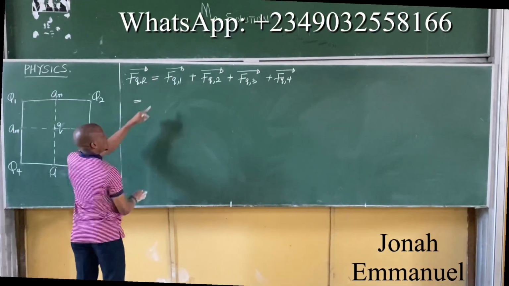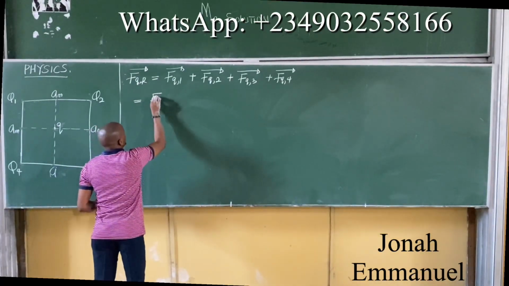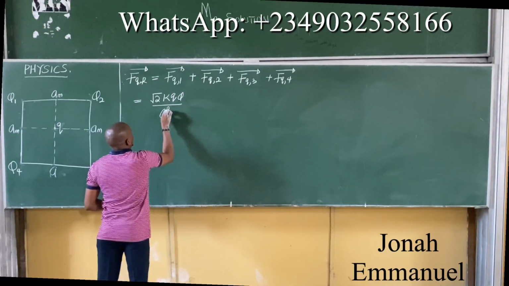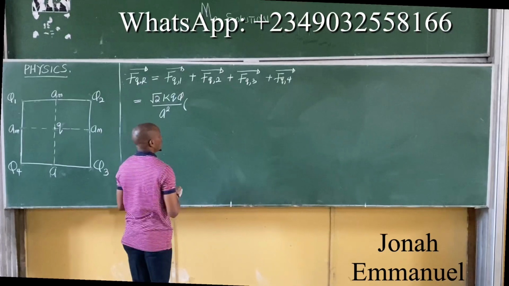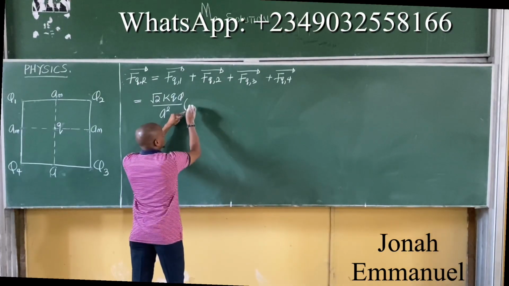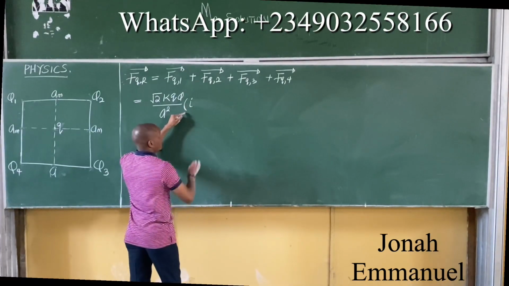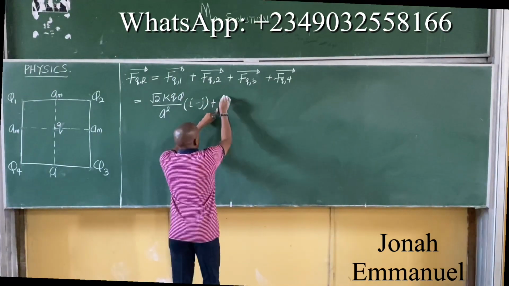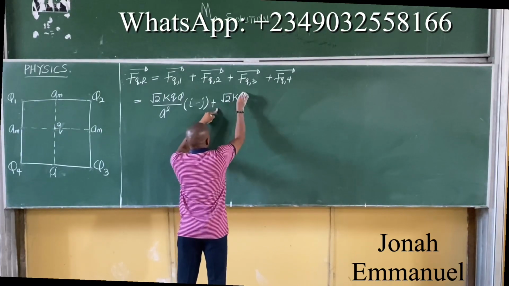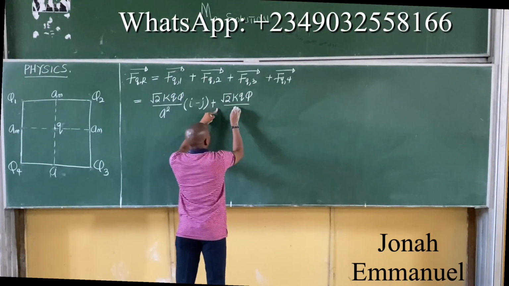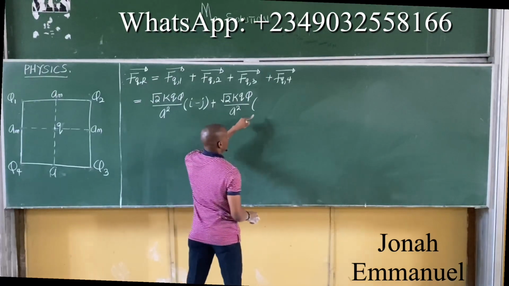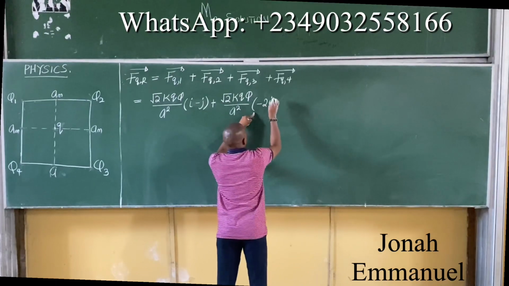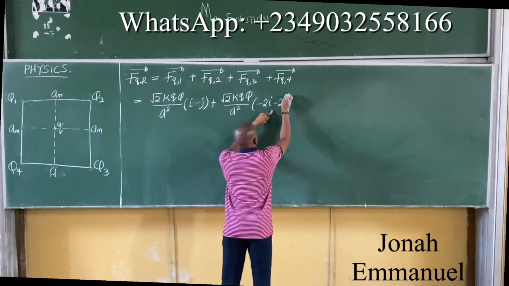Please help me recall, what's FQ1? Recall FQ1: root 2 KQQ all over A squared into, what do you have? I minus J. Give me FQ2: root 2 KQQ all over A squared into what? Minus 2i minus 2j.